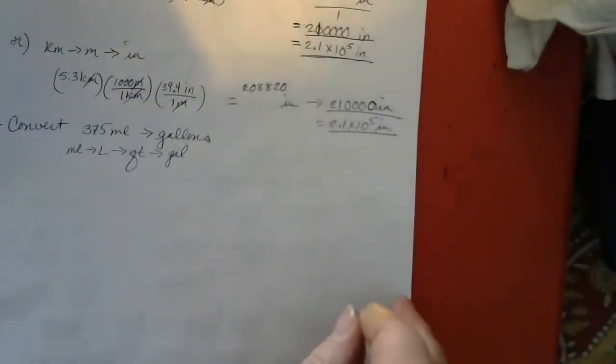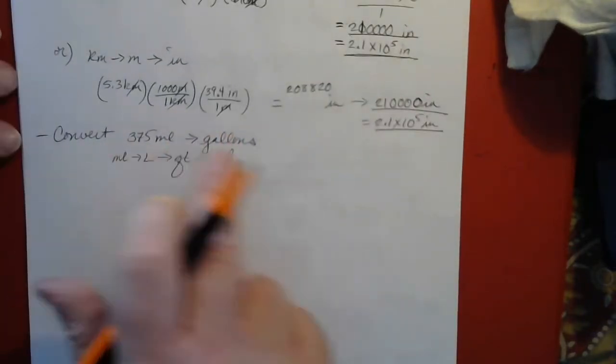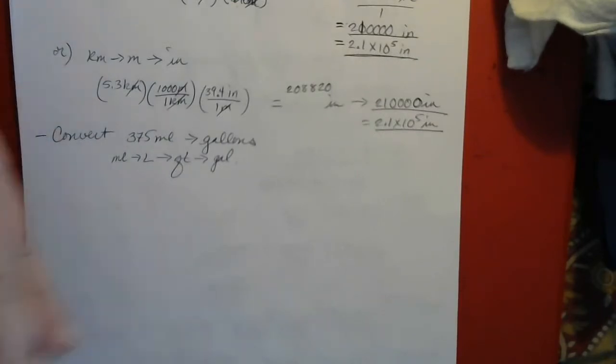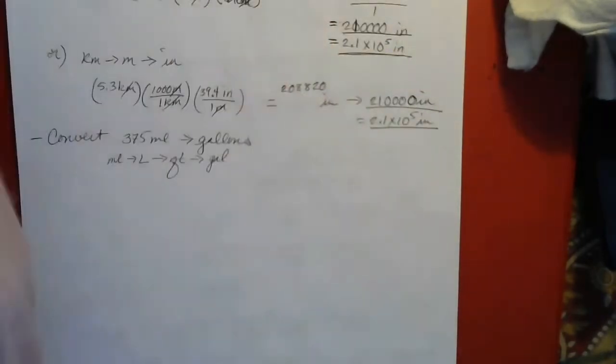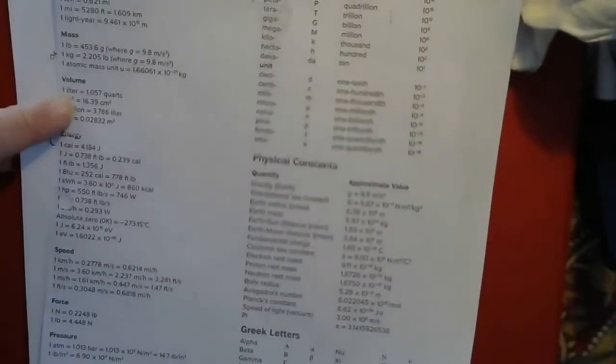We could try that. A lot of times when you have multiple step conversions, especially if it's between the English and metric system, it can help to lay out the steps and think ahead: how am I going to get from the English to the metric system in this type of unit? That's basically what we did here by looking at the volume units.